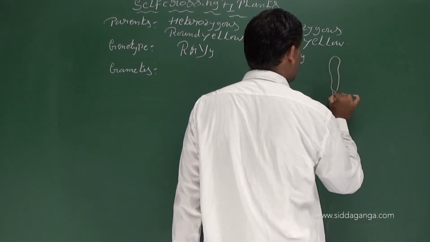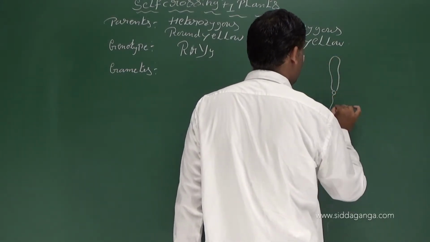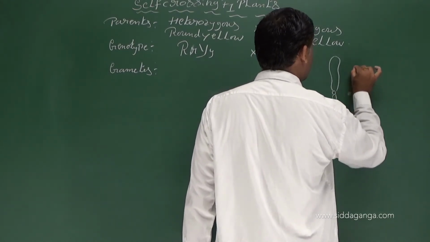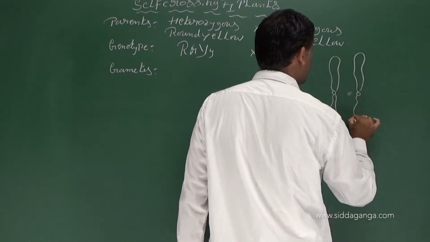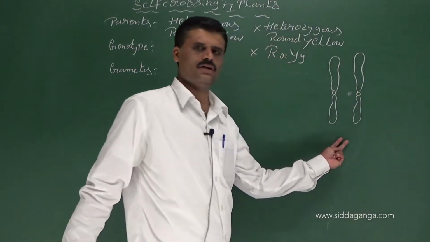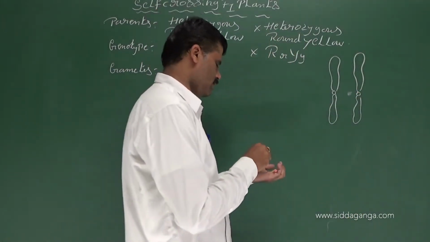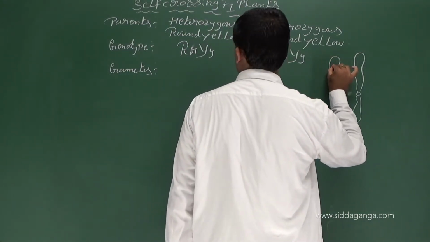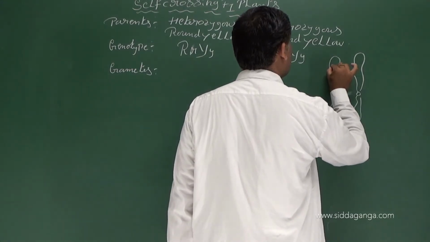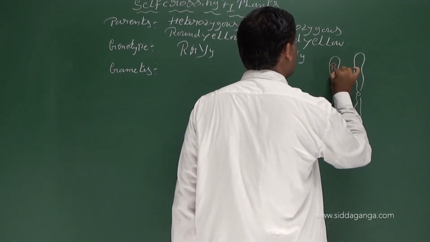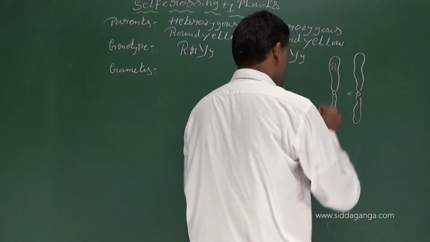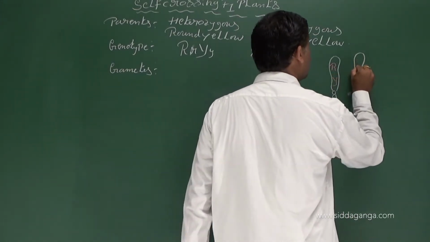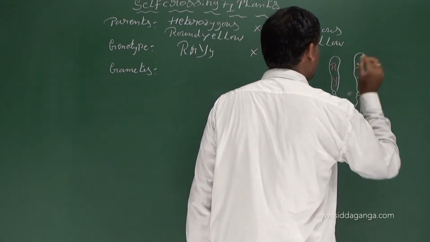These are the chromosomes. These are homologous chromosomes, but they contain capital R, capital Y, and here small r, small y.